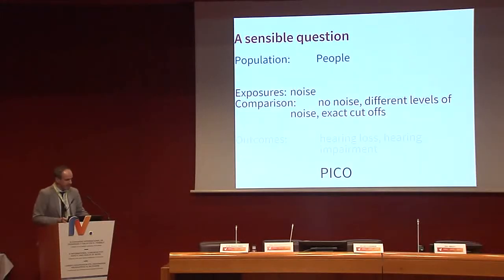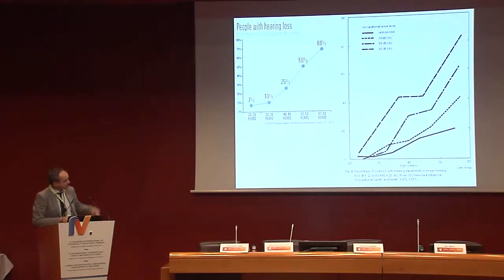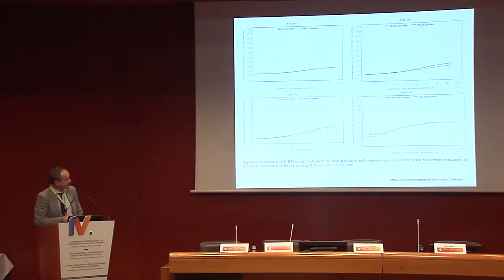And the type of data that you would be looking at are data, for instance, that connect age to the degree of hearing impairment, different types of hearing exposure in different types of workers, or this type of data.